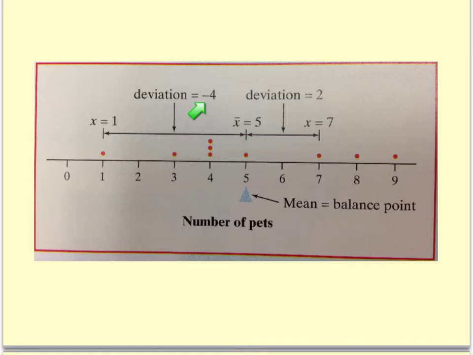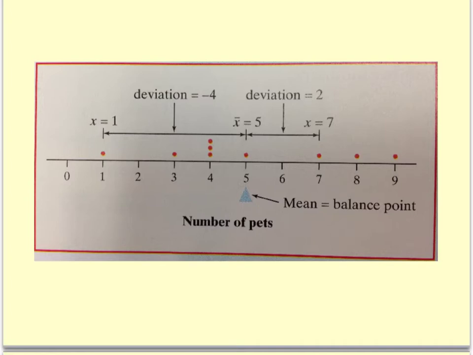And over here we have a deviation of -4, because from the data value of 1 to the data value of 5 is a difference of -4, so our deviation would be -4. These deviations show how much the data vary about the mean, how far they are apart. And they are the starting point for calculating the variance and the standard deviation.